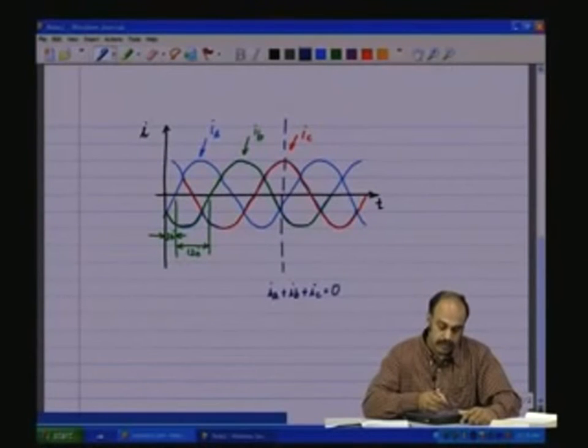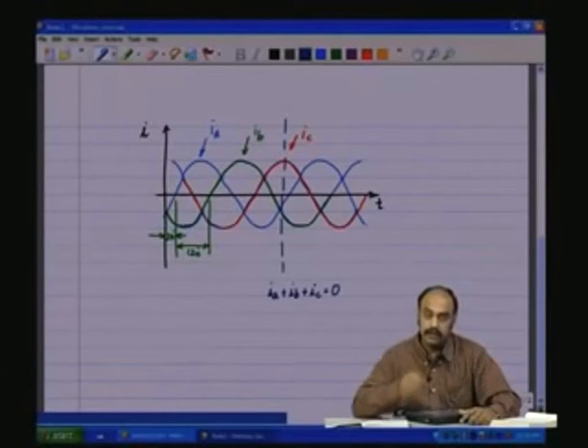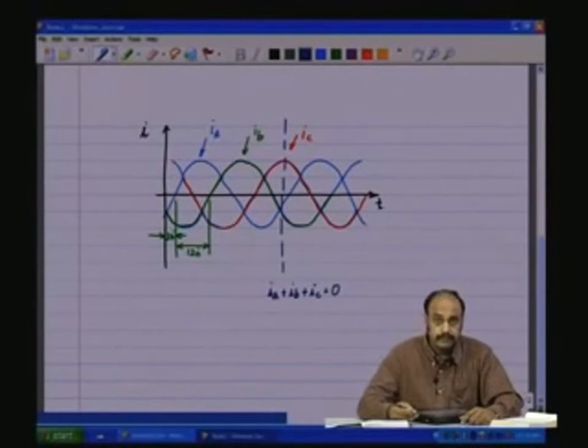So, IC is positive max, IA is negative half, IB is also negative half at this point, and therefore, you have 1 minus 0.5 minus 0.5 which is equal to 0, and so on throughout the range.